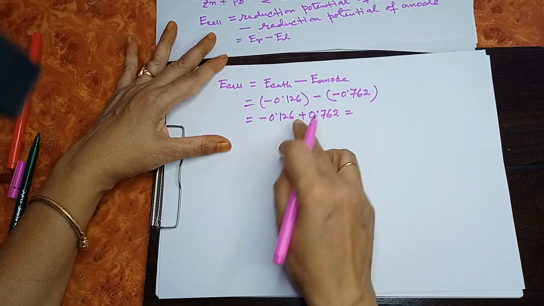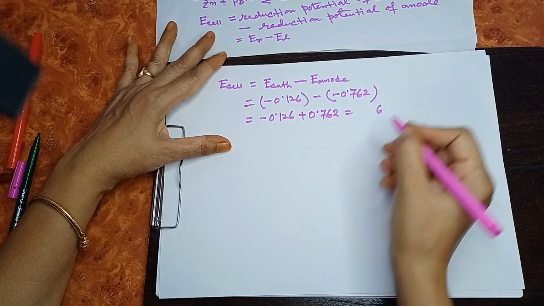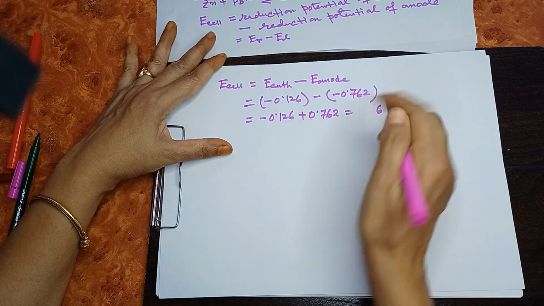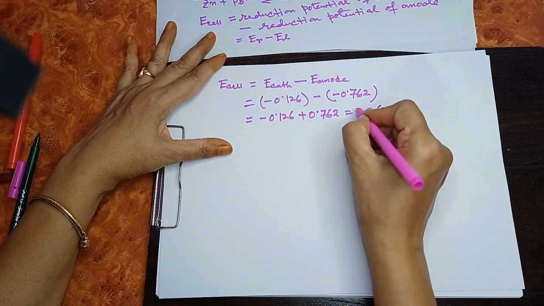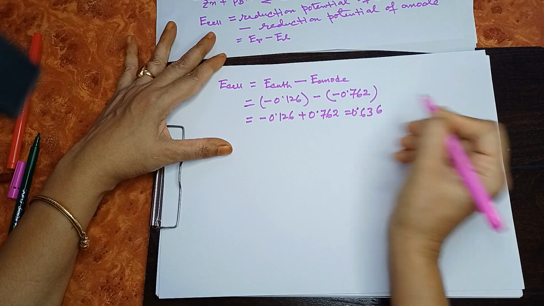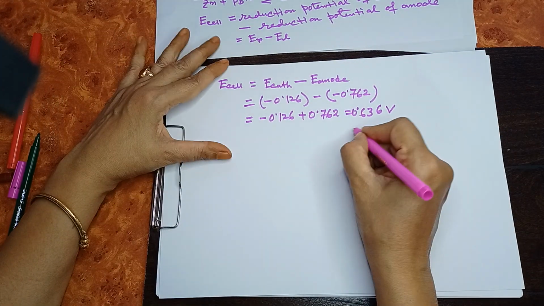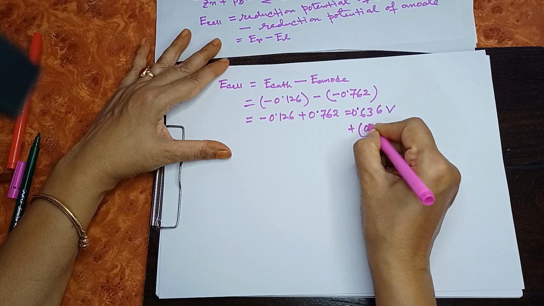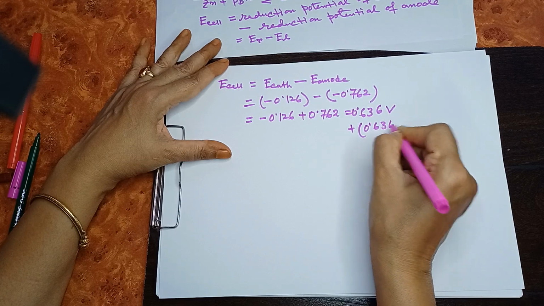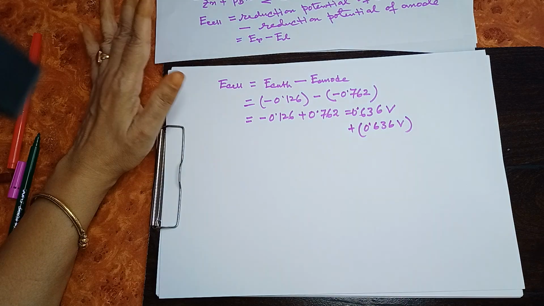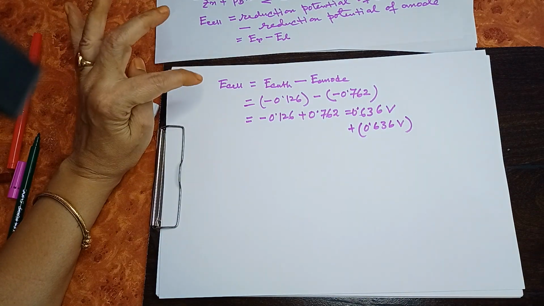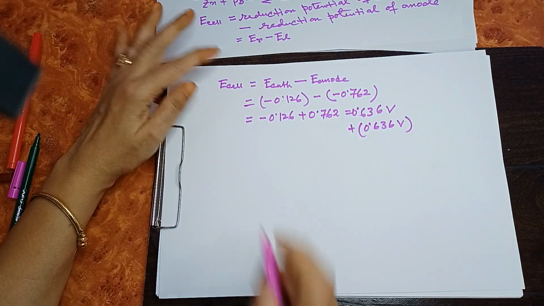How much is it coming? It is 0.636 volt, and it is positive. That means it is plus 0.636 volt. Okay. So, E cell or EMF is positive.